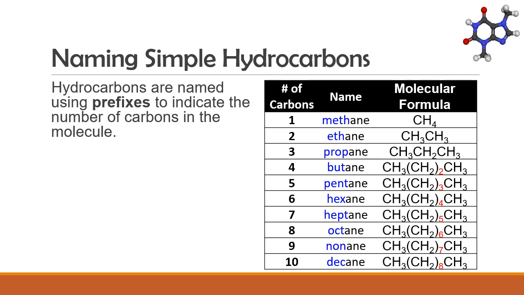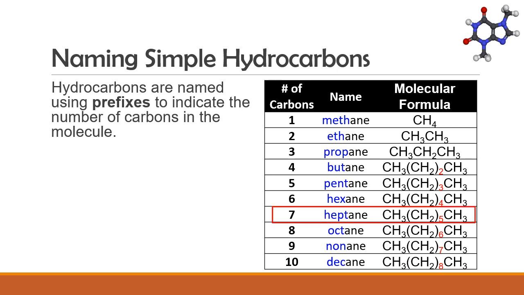It is important that you remember these prefixes for the number of carbons because many organic compound names are based on them. The molecular formula given here is a condensed version wherein the inner carbon-hydrogen bonding are enclosed in parentheses with a numerical subscript to indicate how many such bondings exist in each of these alkanes.